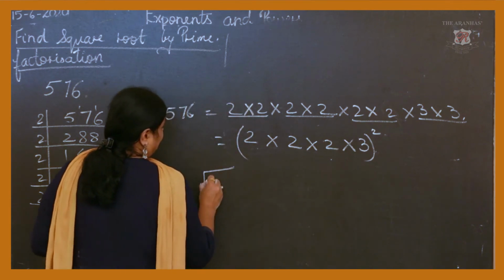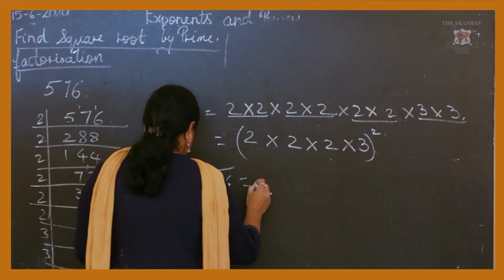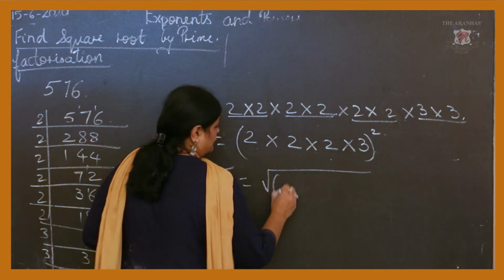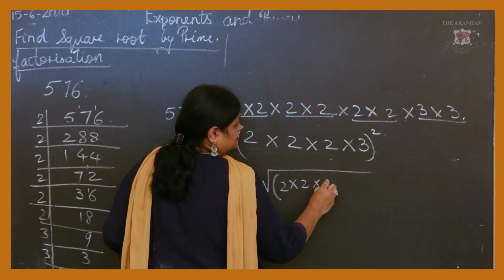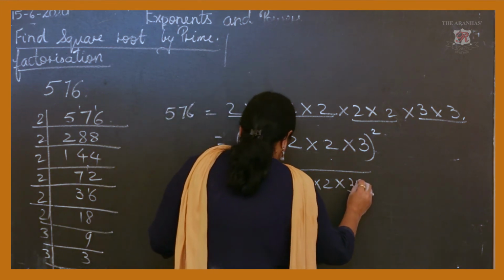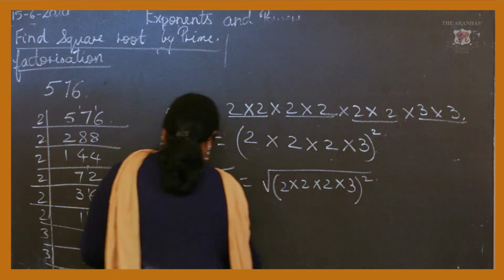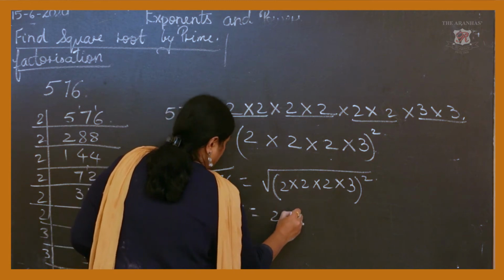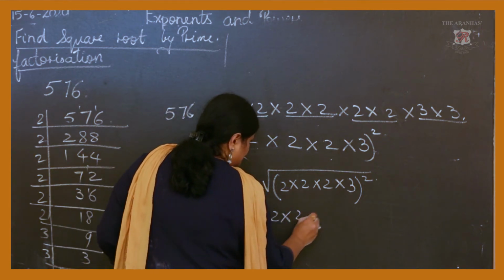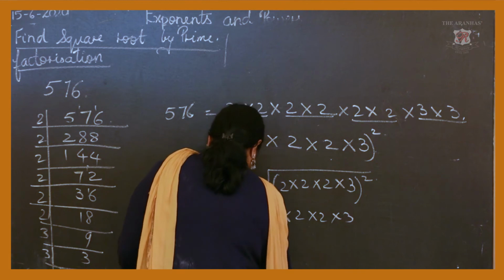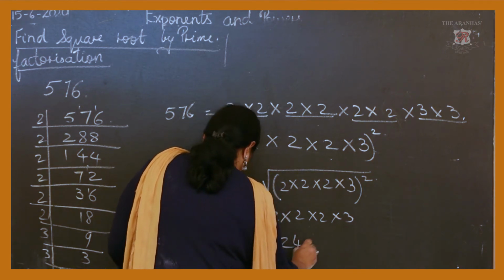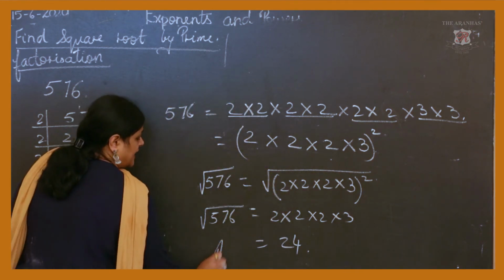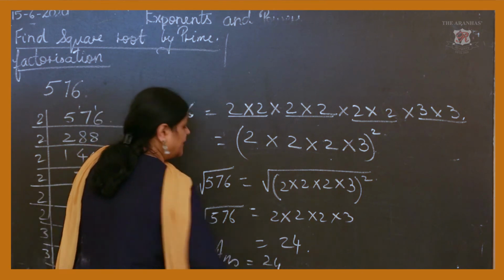So root of 576 is equal to root of 2 into 2 into 2 into 3, the whole square. So here root of 576 is equal to 2 into 2 into 2 into 3, which will give you 24. Right, so your answer is equal to 24.